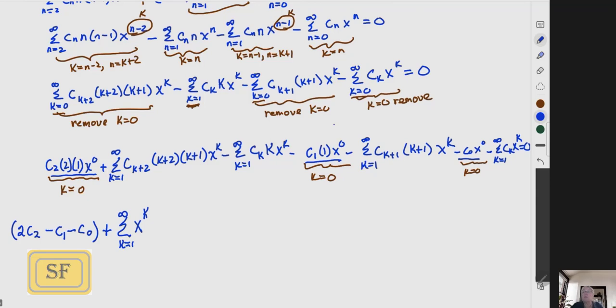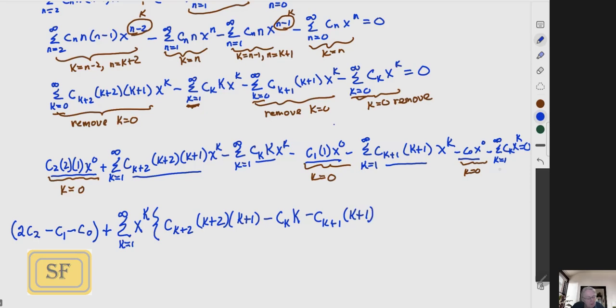So I'm going to factor out the x to the k, and that leaves me with c sub k plus 2 times k plus 2 times k plus 1, minus c sub k times k, minus c sub k plus 1 times k plus 1, minus c sub k.